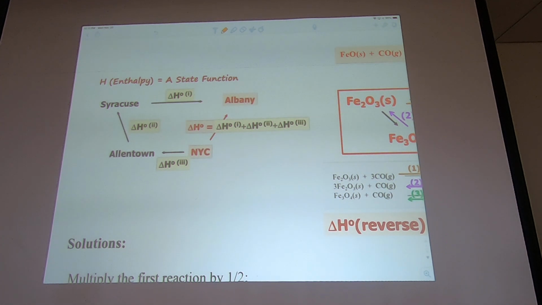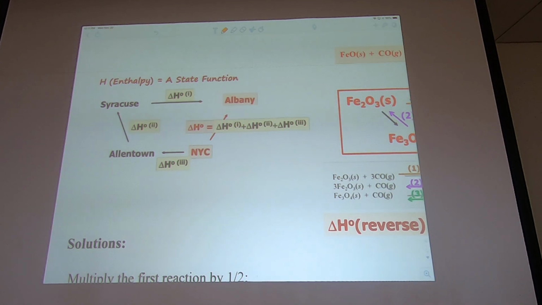If that information is not given, but I know my delta H from New York City to Allentown in Pennsylvania, to Syracuse, to Albany, somebody makes this detour. If you add up delta H1, delta H2, delta H3, that summation is the same as just delta H in the same direction. It's just like a vector summation, if you remember your math class.